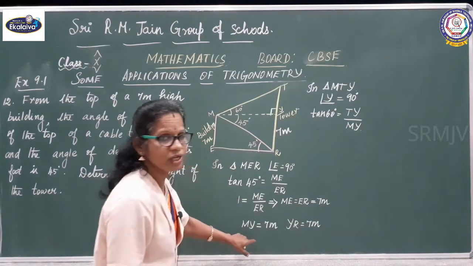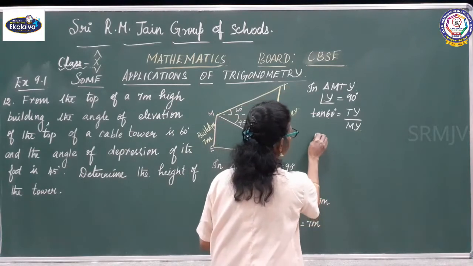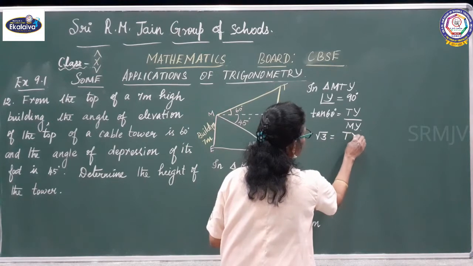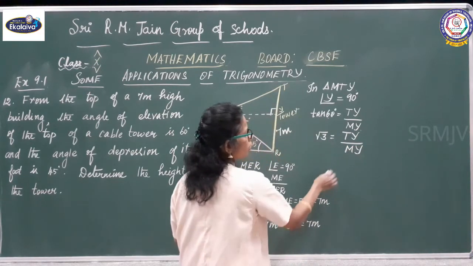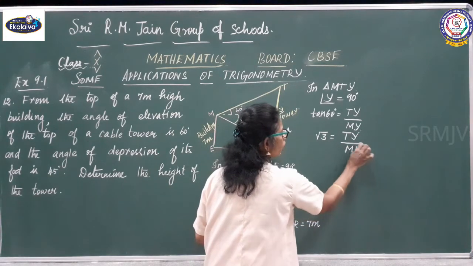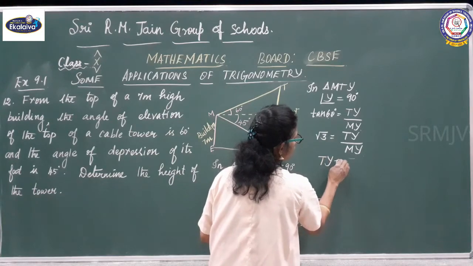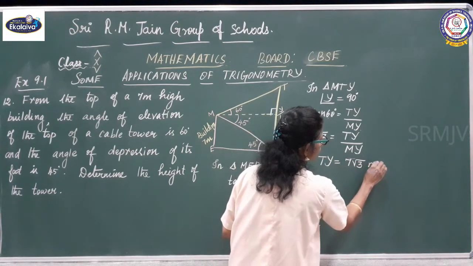What is MY we got? MY equal to 7 meter. Tan 60 value is what? Root 3. Root 3 equal to TY divided by MY. Then MY value we got as 7. So TY equal to 7 root 3 meter.